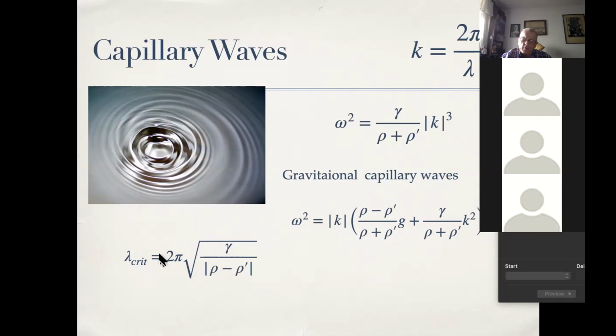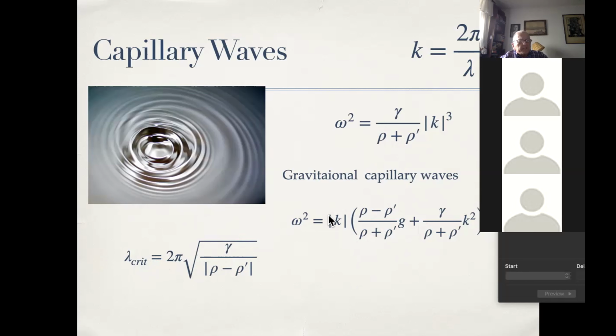considerably shorter than this length lambda crit, this first term is unimportant, and we regain from that formula the normal surface tension. In other words, for short wavelengths, the presence of gravity is of no importance.